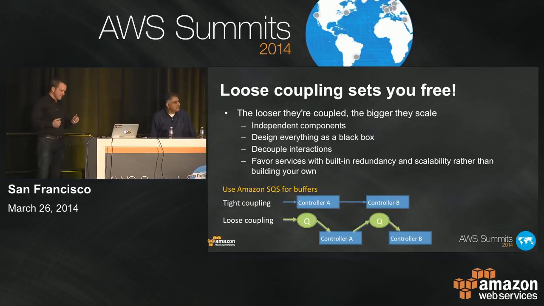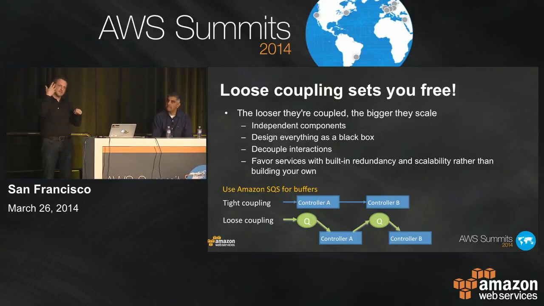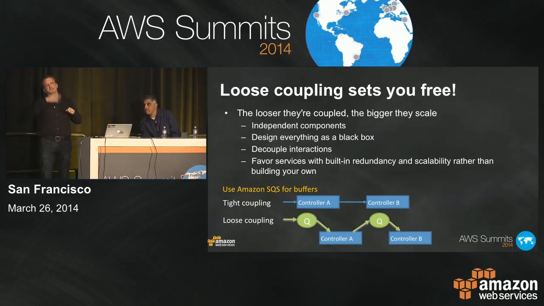To give you an example, instead of controller A speaking directly to controller B, as a system scales, just that simple act alone of them talking directly to each other, if you can separate those out with some intermediary, so the case at the bottom here where you have loose coupling where a message arrives to controller A then does something, produces out another message that then is an input to controller B, allows both controller A, controller B, and the message infrastructure to scale independently at different points in your solution.